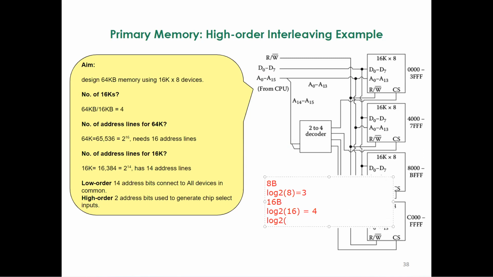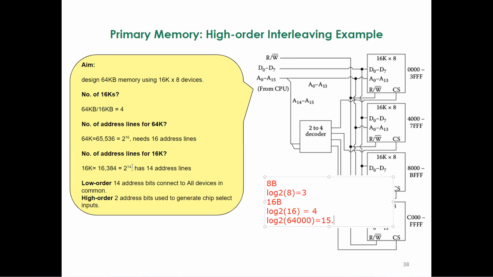So up there, what we did is log base 2 of 64 kilo, or 64,000. Of course, it's going to give you 15 point something, but you can't use 15 point something address lines, so we round that to 16, which actually gives us 65,536.